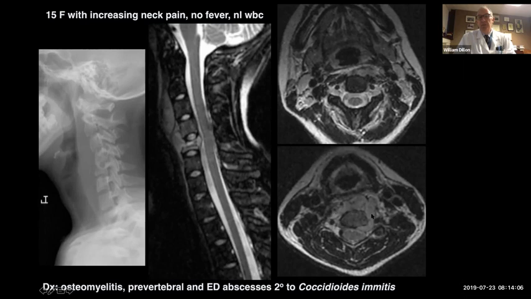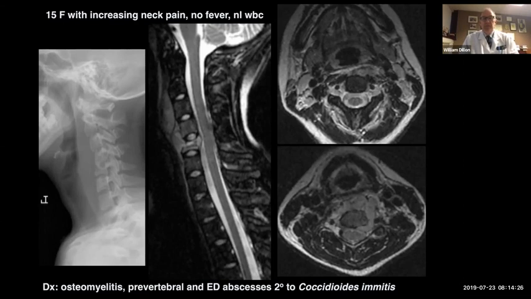It's pushing forward, and this happens to be a patient with an unusual fungus that we see here in California called cocci. We're seeing a great deal of coccidiomycosis. I don't know if you see this in Africa, but we see it here in California.